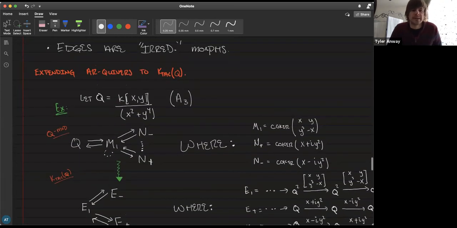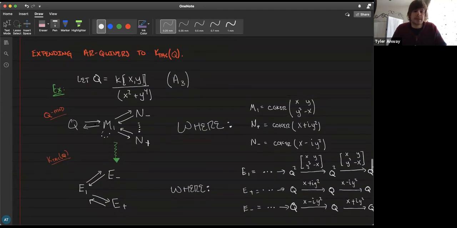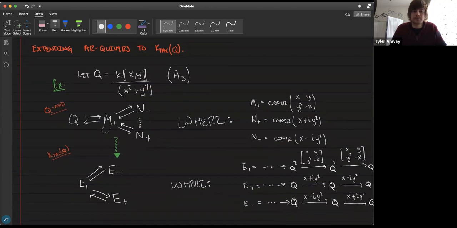So if we take Q to be this power series ring in two variables and mod out by x squared plus y to the fourth, this matches up with the simple singularity type A3. So when you write out the AR quiver, it looks something like this, where you have Q into this module here, defined by the co-kernel of this 2x2 matrix.